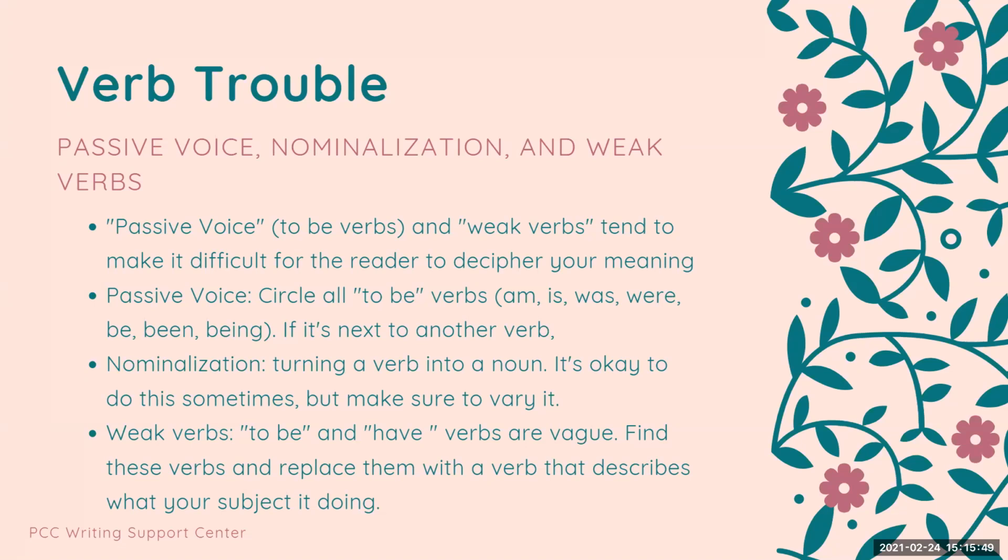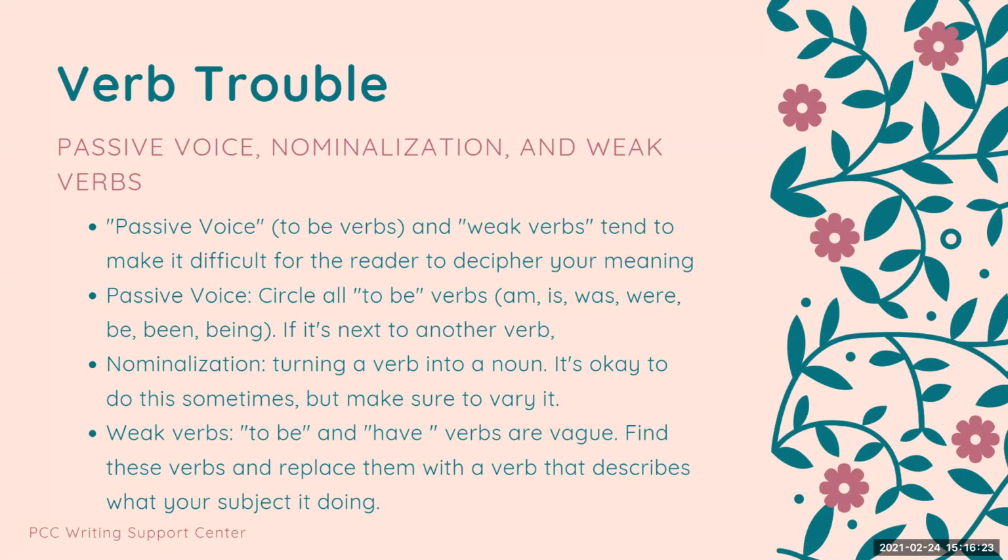So nominalization is when you turn those verbs into a noun, and this is actually very common to see in academic writing because a lot of academic articles use this, and it's okay to use it at times, but you want to make sure that you're varying it. You don't want it to be in every single sentence, because then again it makes your sentences sound a little roundabout, and it makes it a little confusing for your reader to understand what it is you were trying to say.